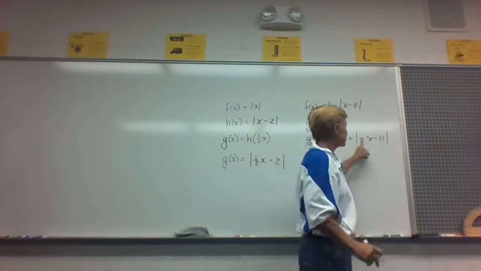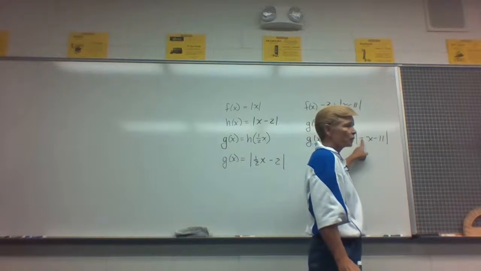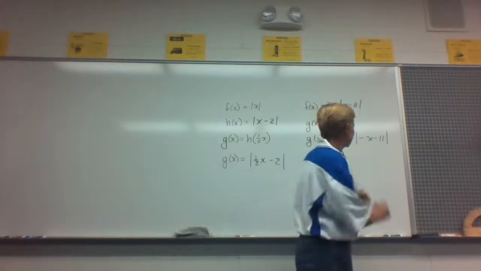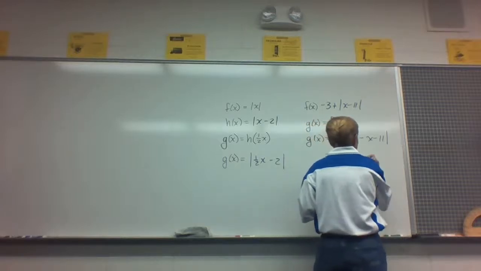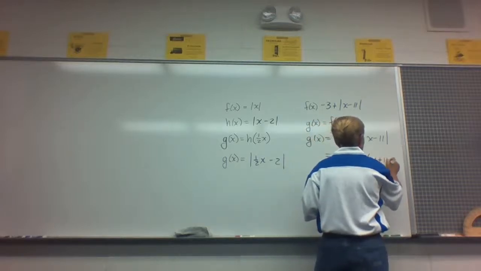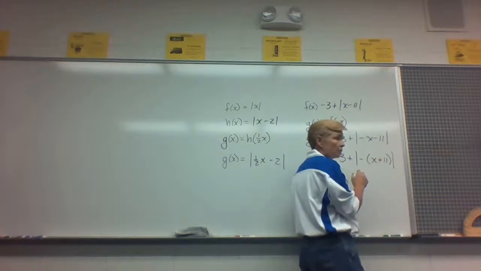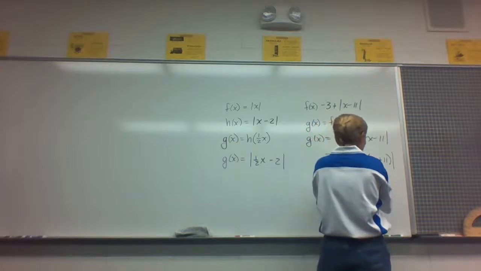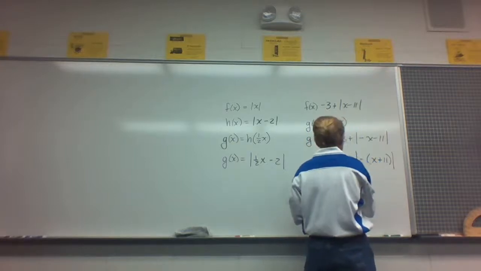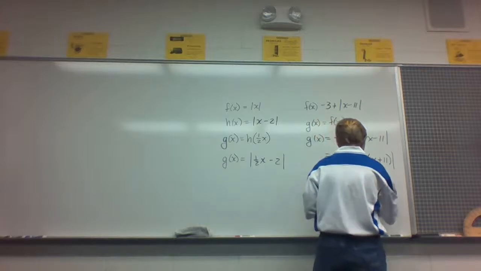And because this is -x, we have to apply that cute little property we learned yesterday, which means we have to factor out a negative in it. We've got more work to do on this, in other words. Negative, and then it will be x plus 11, because I factored a negative out of that as well. Yeah? You clear? And then the absolute value of this negative 1 is just 1, so I can throw it away. So it ends up being negative 3 plus the absolute value of x plus 11 for an answer.